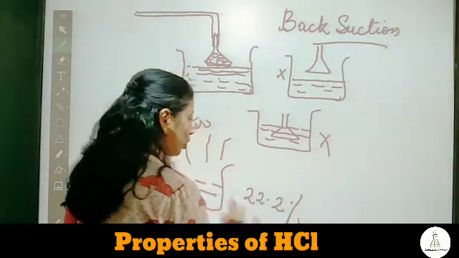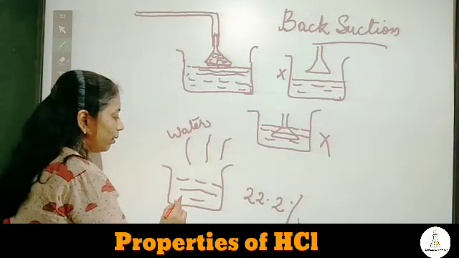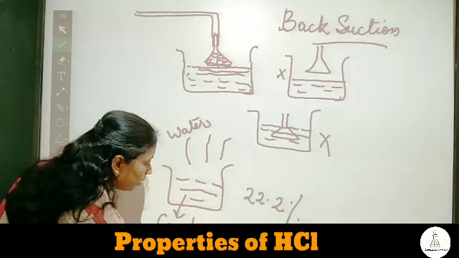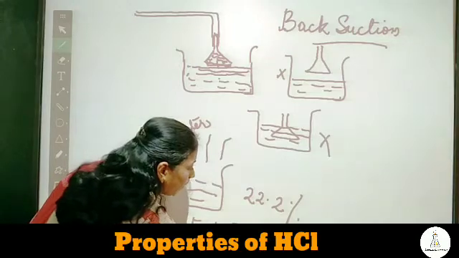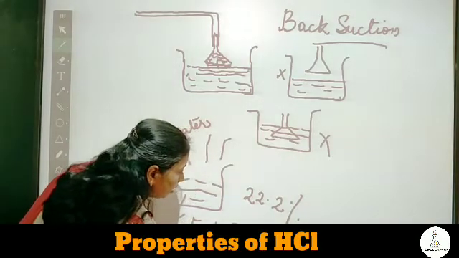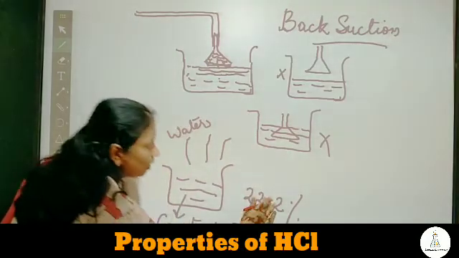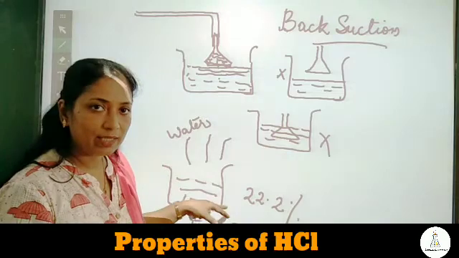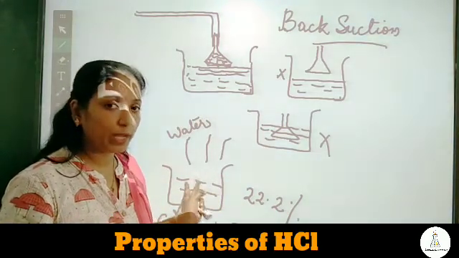When it is 22.2% acid, this solution now becomes a constant boiling mixture. Now at this concentration, that is 22.2% acid, we can no more concentrate this acid by mere boiling.